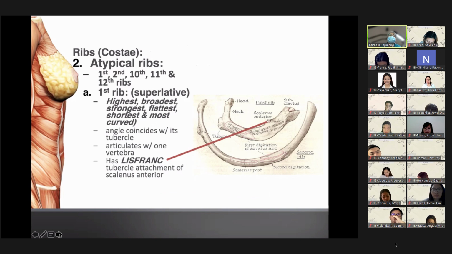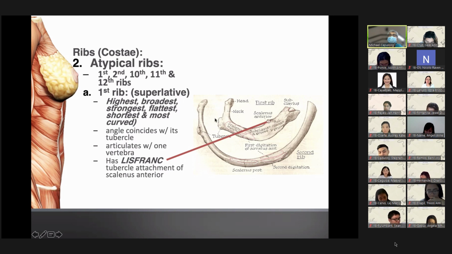Okay. So what about your atypical ribs? The rest would be your atypical ribs, your ribs 1, 2, 10, 11, and 12. The first rib is the highest, the broadest, the strongest, and the flattest of your ribs. The angle will coincide with its tubercle.